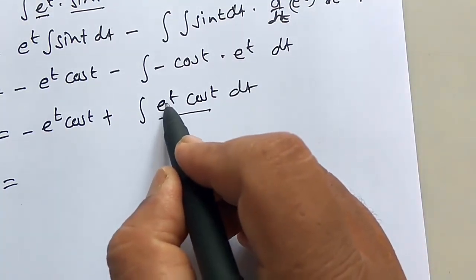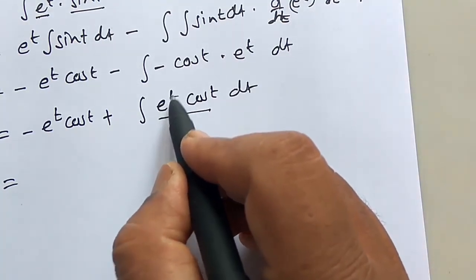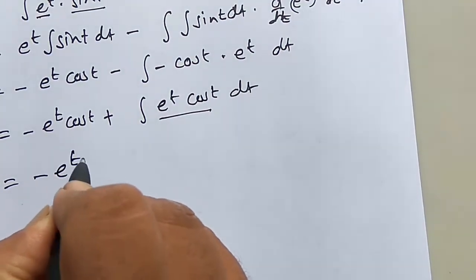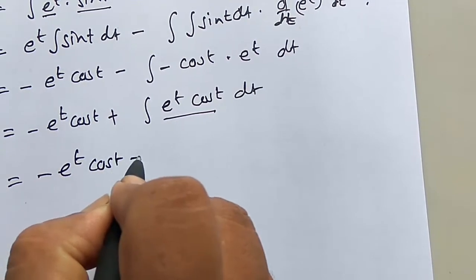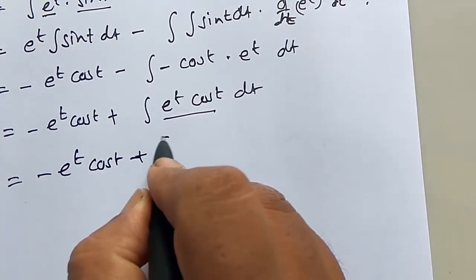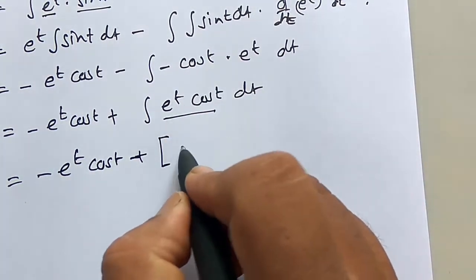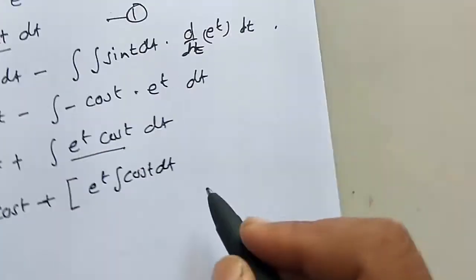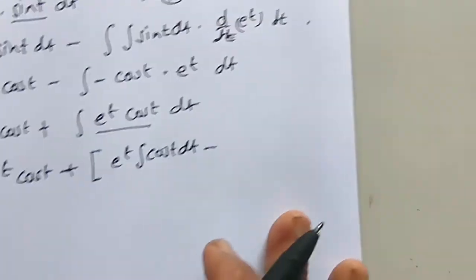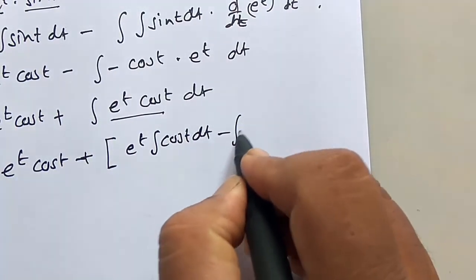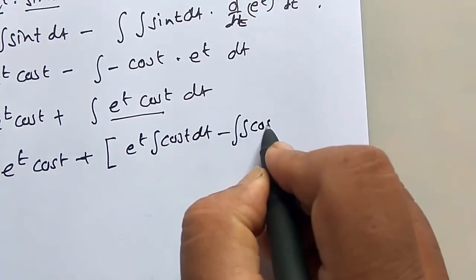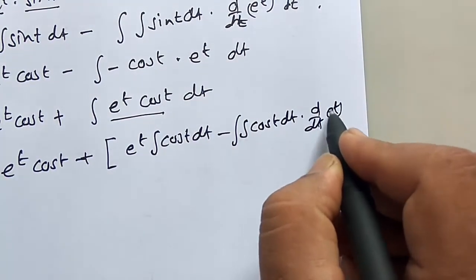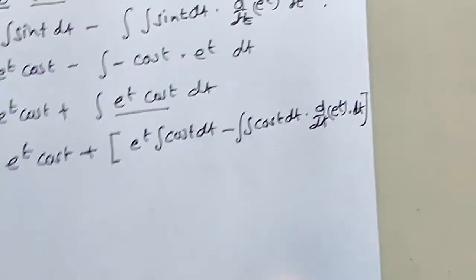Here I take e raised to t as the first function and cos t as the second function. So minus e raised to t cos t plus bracket e raised to t integration of cos t dt minus integration of cos t dt and derivative of e raised to t with respect to t dt, bracket complete.